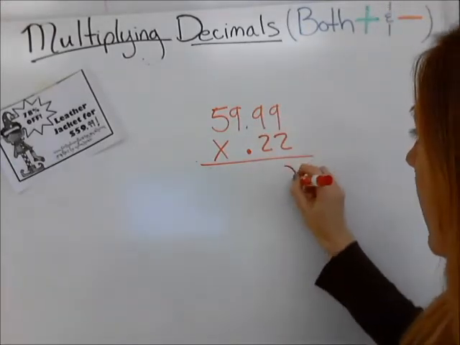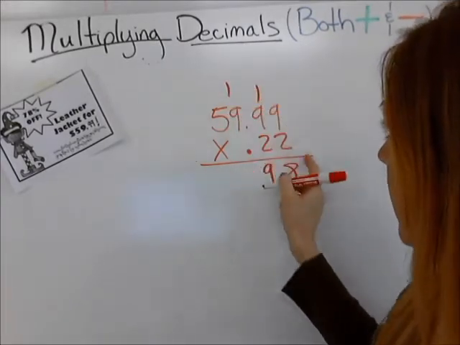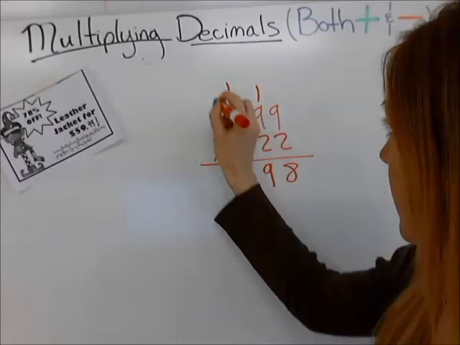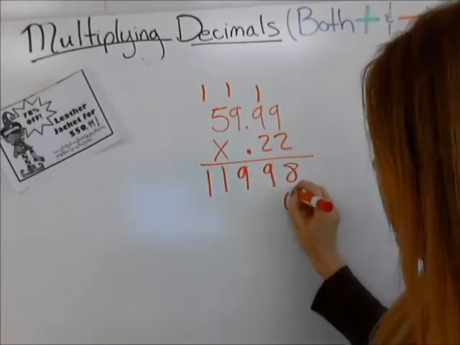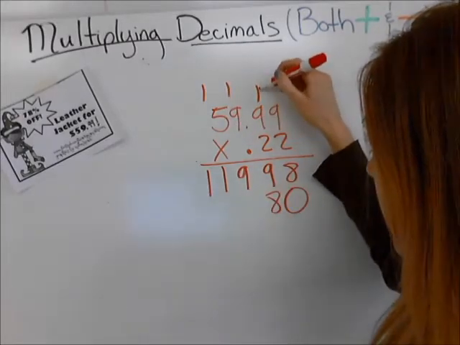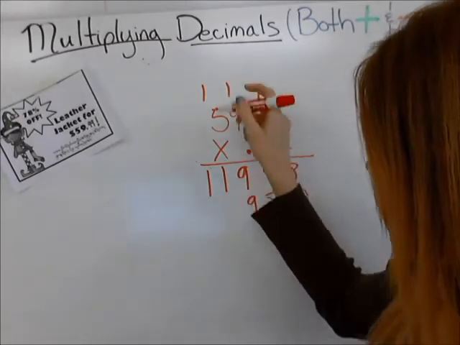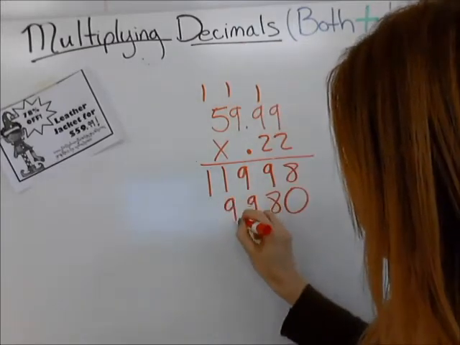2 times 9 is 18. 2 times 9 is 18 plus 1 is 19. 2 times 9 is 18 plus 1 is 19.